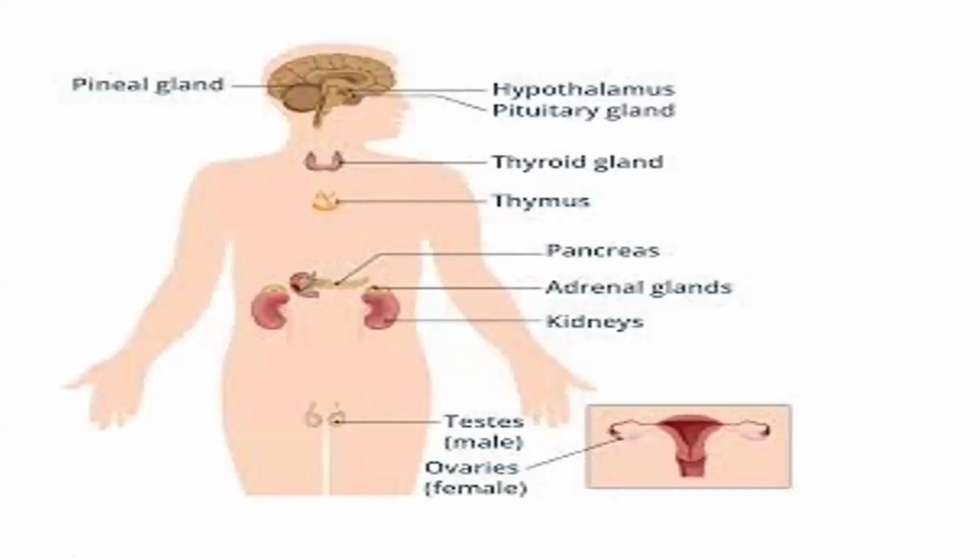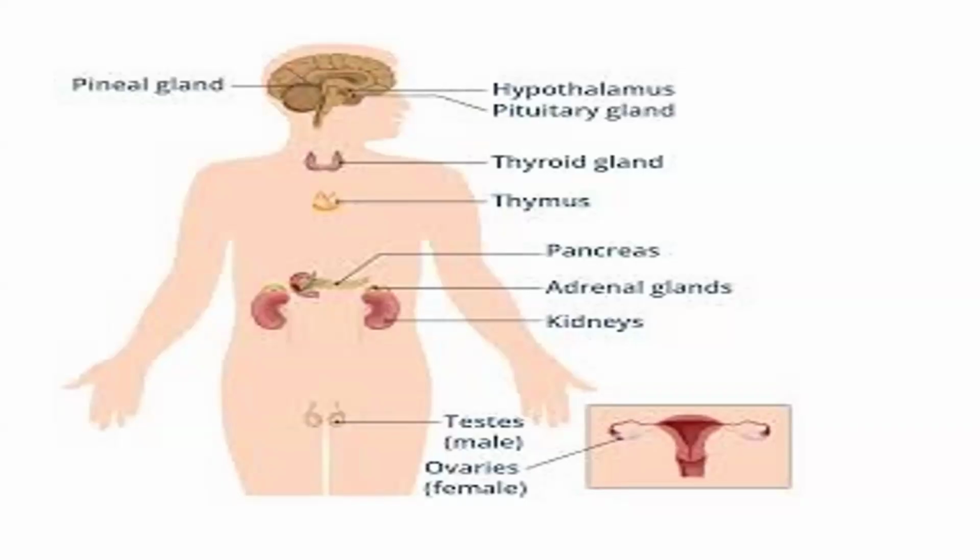So basically, the endocrine system consists of glands that help to secrete hormones that the body needs in order to function properly. These hormones are very vital in maintaining the internal body environment, as well as in development, such as in growth, in reproduction, and even in rejuvenating of cells.